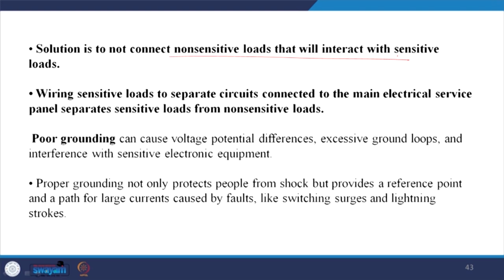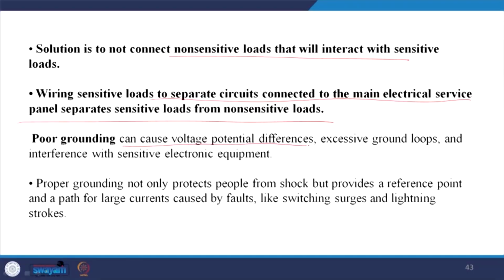You should not keep the same power supply, you should have a segregated power supply. Wiring sensitive load to a separate circuit connected to the main electrical panel, separate sensitive load from the non-sensitive loads. So, your pump in a domestic house and the computer are required to be kept in isolation.